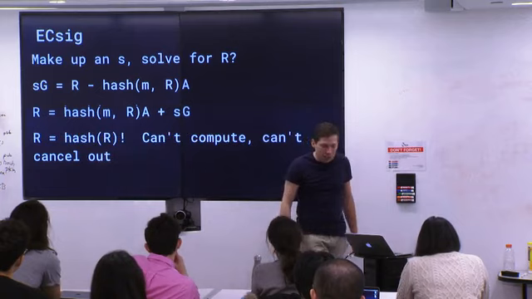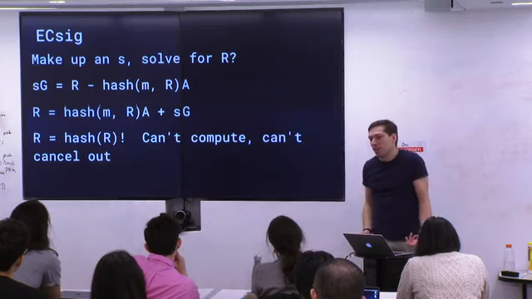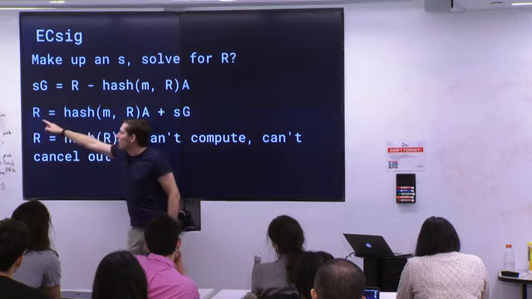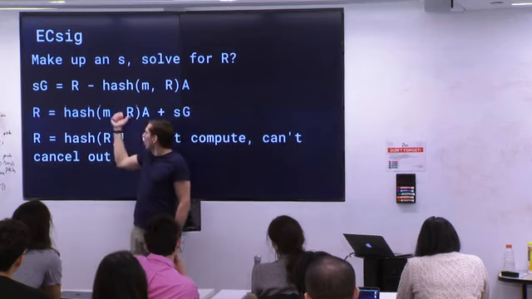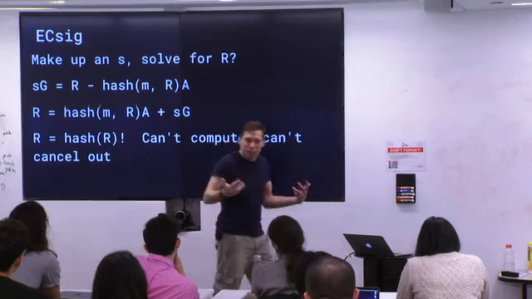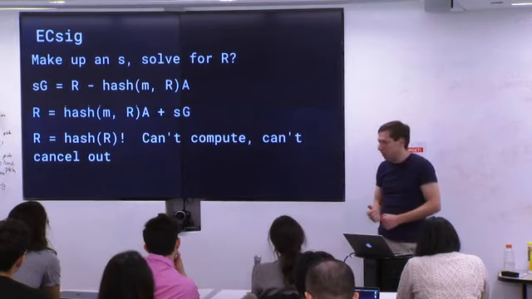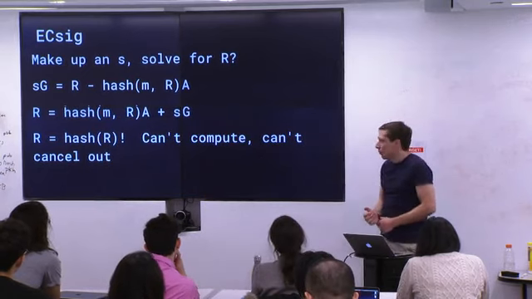The problem is, R is defined by the hash of R in this case. I can't compute this and I can't cancel this out. So I need to solve for R, but it's already in here. I'm stuck. If I don't know K, I can't come up with a signature either.